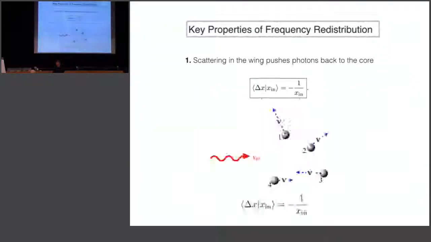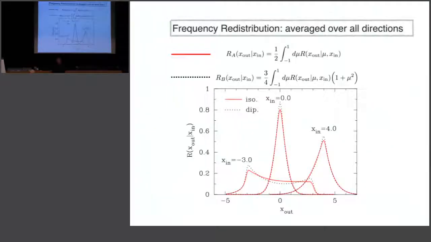Let me actually show you. For example, you can see it a little bit here. Here x is 4, so that's already in the wing of the line. I don't know how good your eyes are, but this function is slightly asymmetric already, and it's skewed back to 0. But you can see that at x equals 0, for example, the expectation value is not minus 1 over 0.